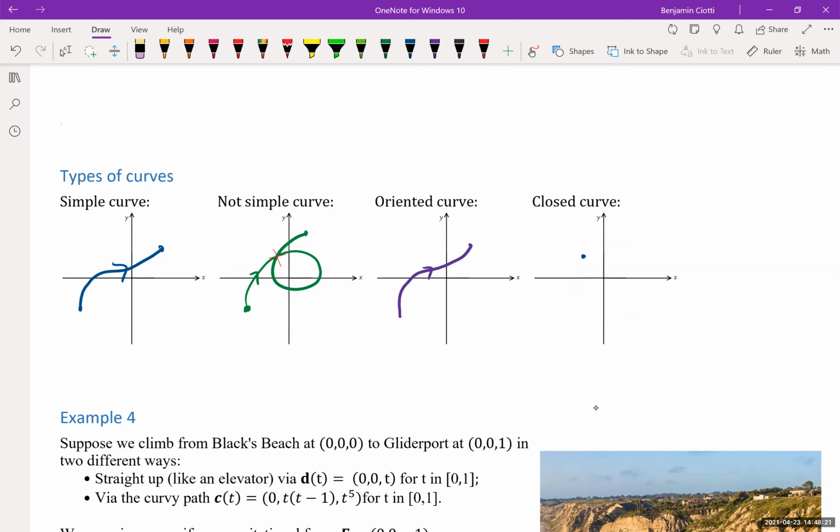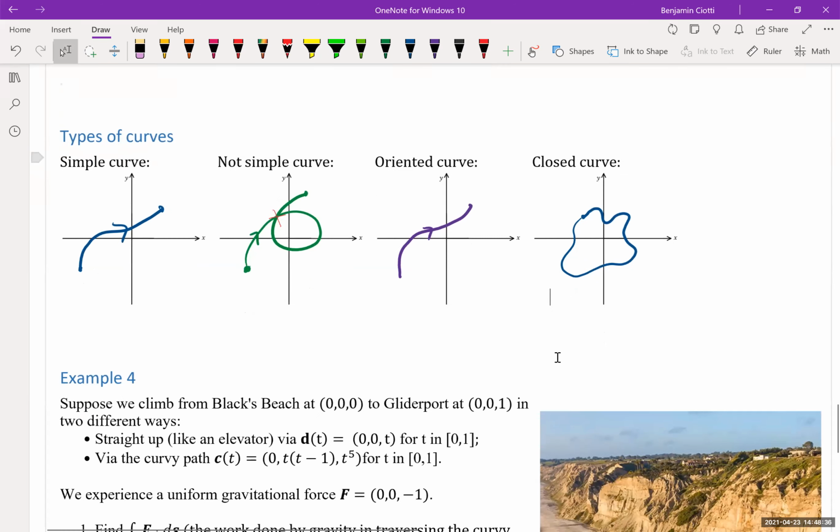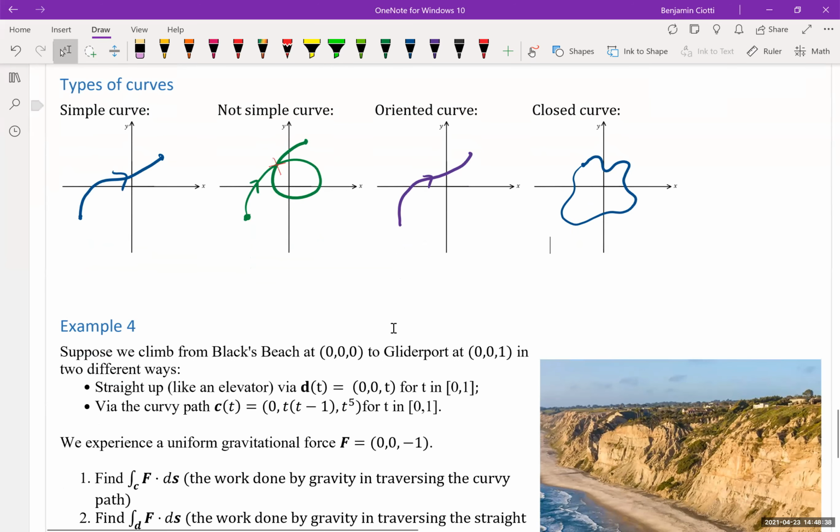Okay, let me try to make it something like that. There we go. So you can read about these types of curves in the book. The book goes on for much longer about them than I have time to do here.